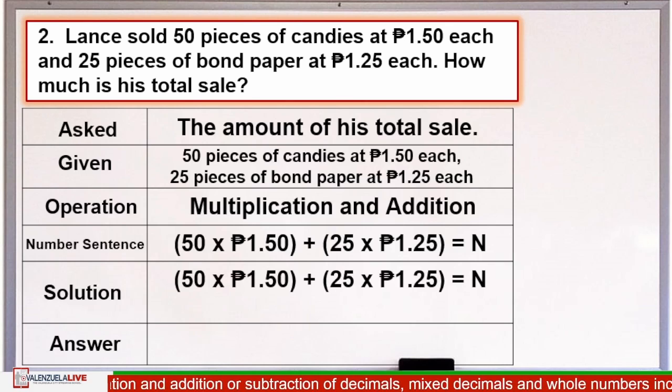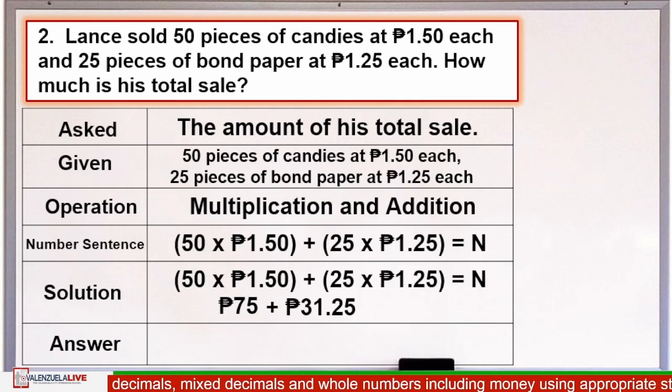For the solution, find the product: 50 times 1 peso and 50 centavos is equal to 75 pesos, plus 25 times 1 peso and 25 centavos is equal to 31 pesos and 25 centavos.